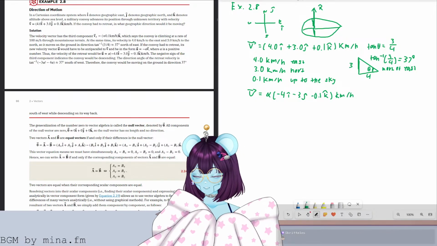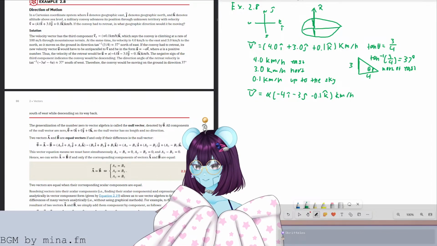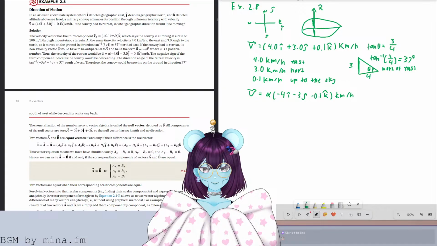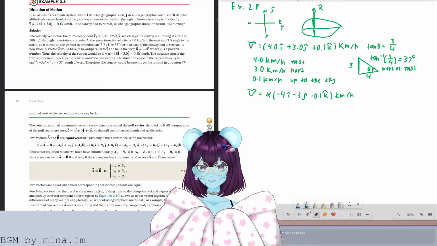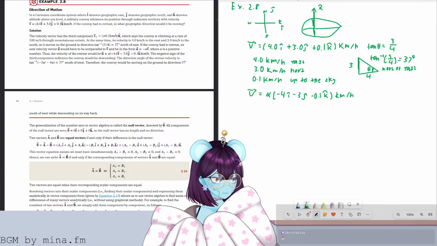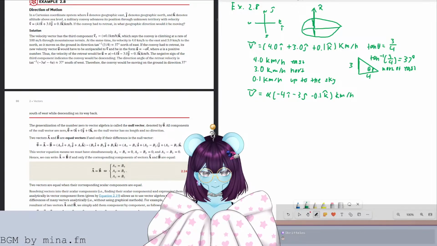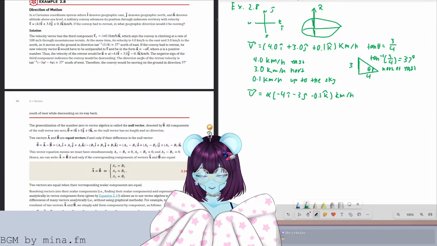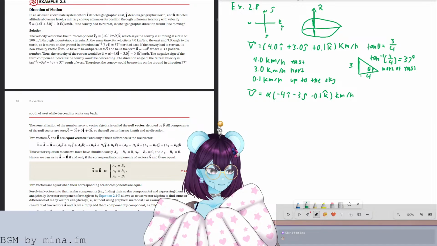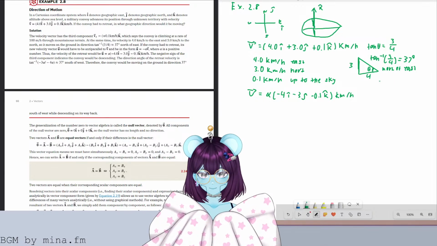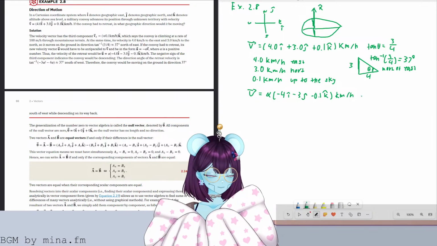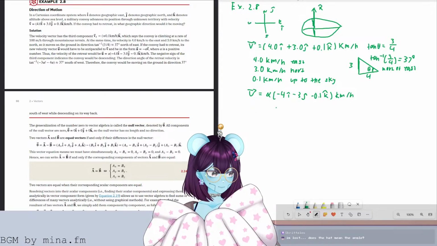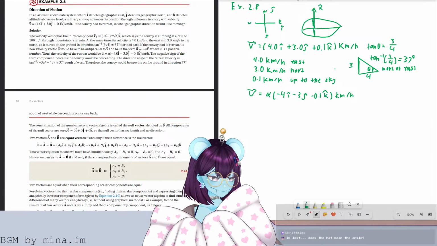The negative sign of the third component indicates that the convoy would be descending, so it seems like they're on a mountain, so it would be going down the mountain. The direction angle of retreat is that. So instead of going north of east, you flip it. The opposite of north would be south, and the opposite of east would mean west.